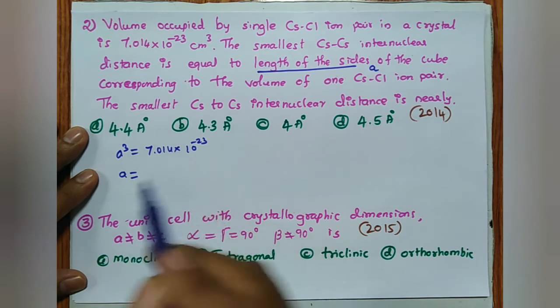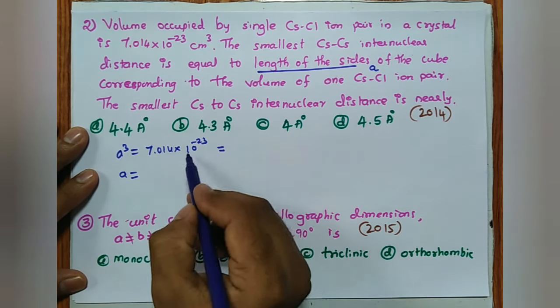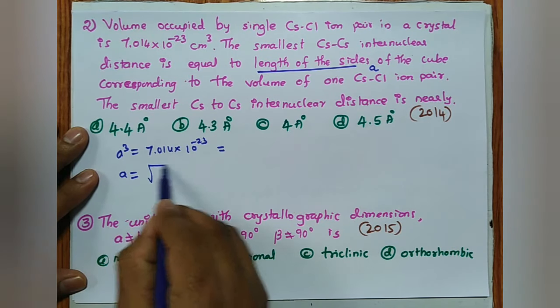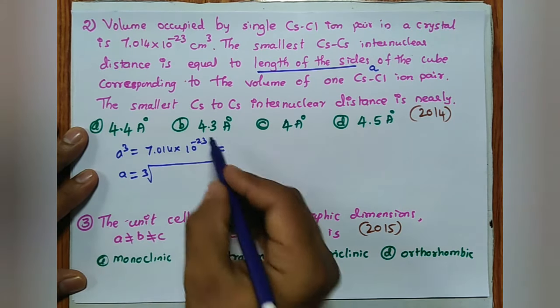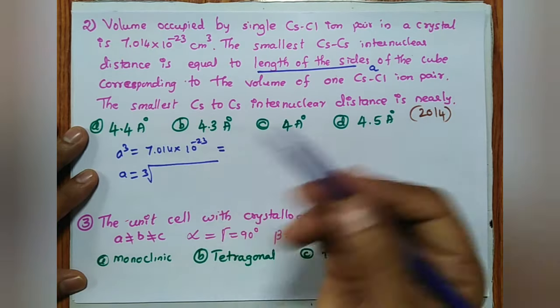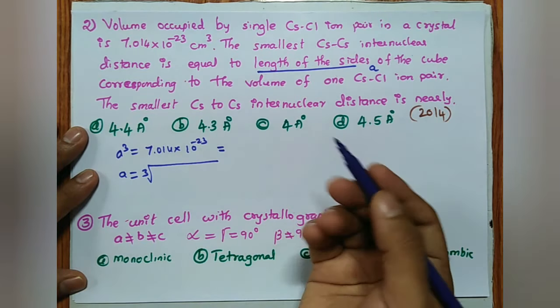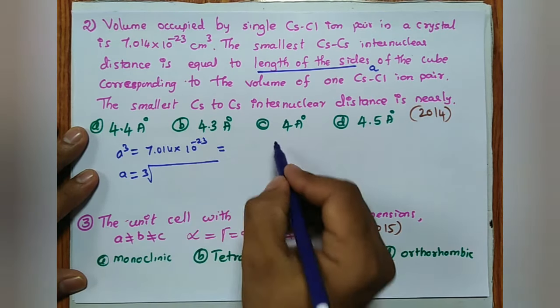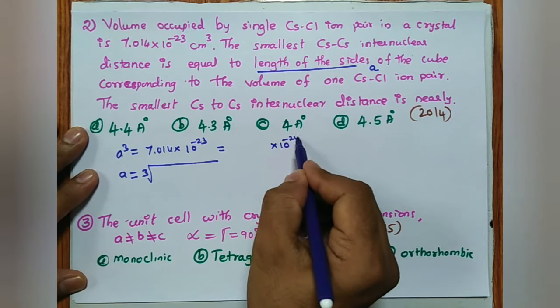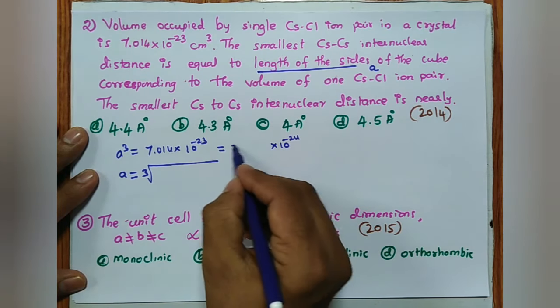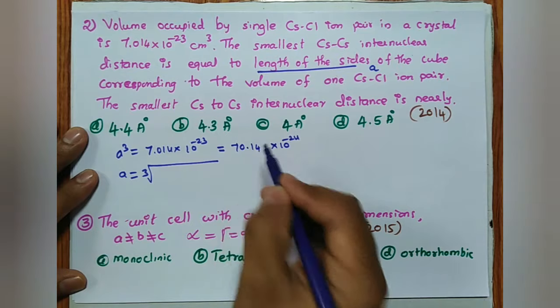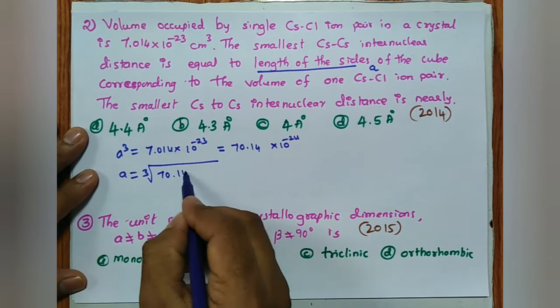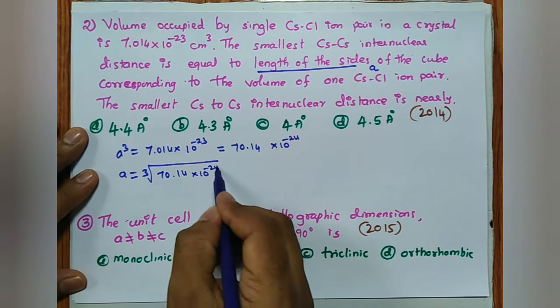If you calculate A, I will write this in such a way that, because always when you are calculating a cube root, the power of 10 should be divisible by 3. So I will consider it as 10 to the power minus 24, and I have to take 70.14. Hence I will take 70.14 into 10 to the power minus 24.